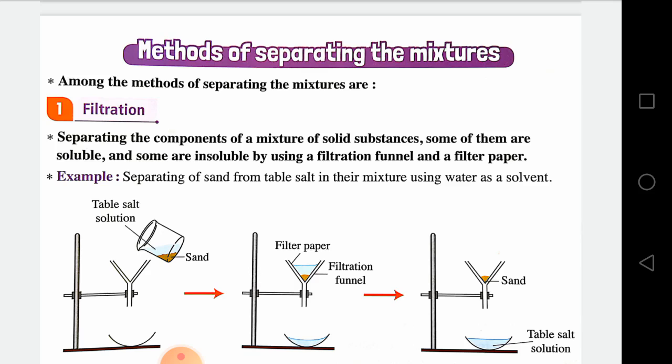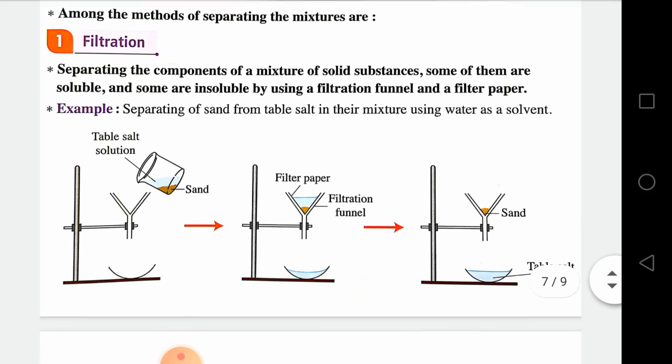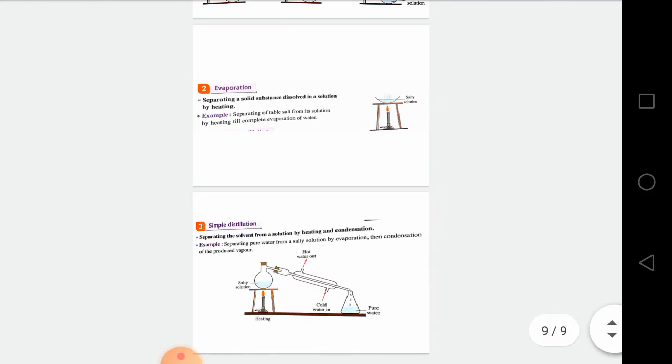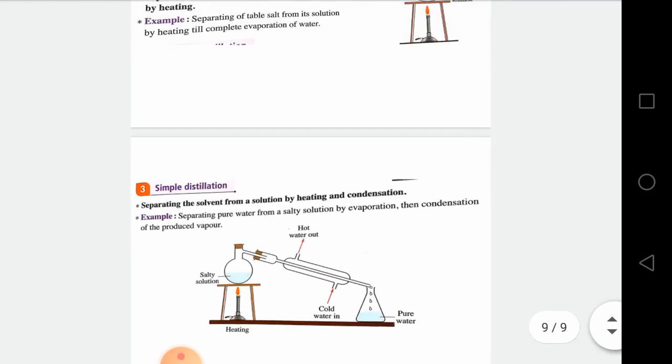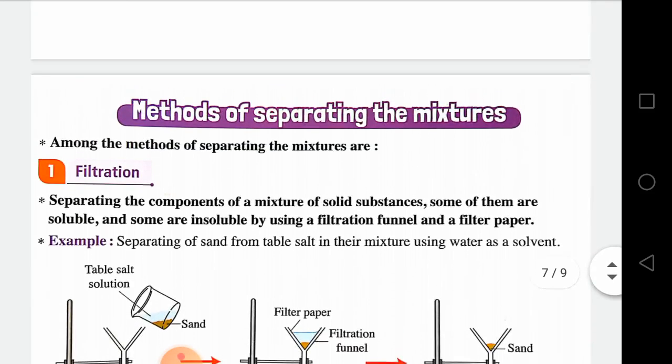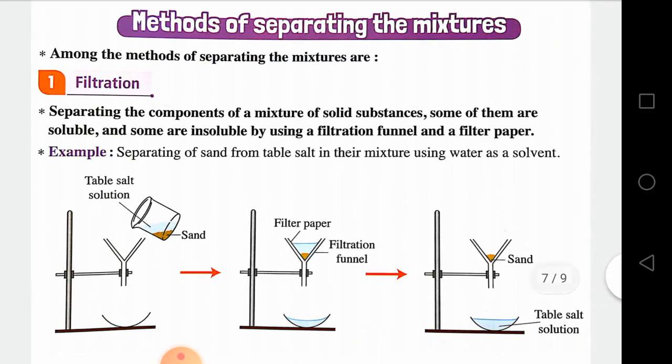The first one is called filtration, the second one is called evaporation, and the third one is called simple distillation. Now we will discuss each method and the difference between these methods.